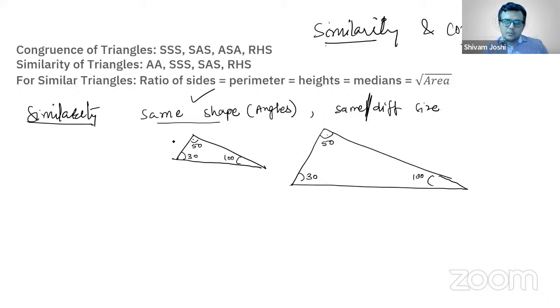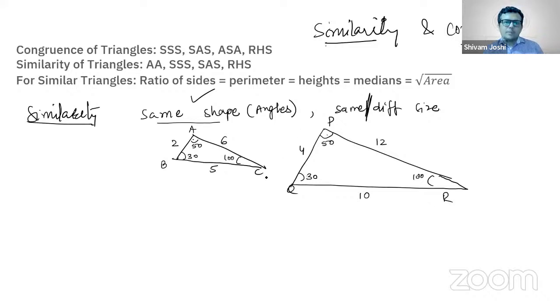Now, suppose this is 2, this is 4, this is 5, this is 10, and this is 6, this is 12. So we can say that we have a similarity of triangle, which is in the ratio of 1 is to 2. This is what you call 1 is to 2 similarity, because each respective side, like this is ABC, suppose, this is PQR, okay?